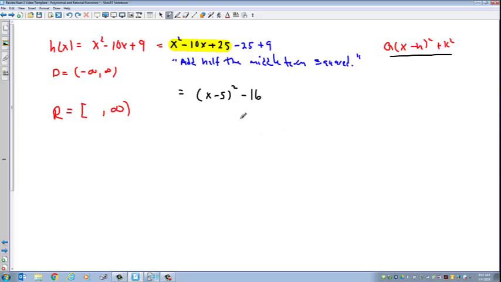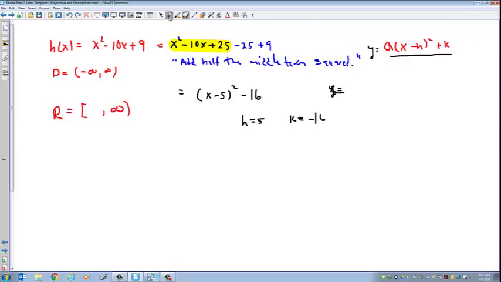So you can read off h. h is going to be equal to 5, and k is going to be negative 16. Remember the form which is given to you is right here. So h is 5, and k, oh, did I write k squared? I shouldn't put k squared. That's just k. Sorry.